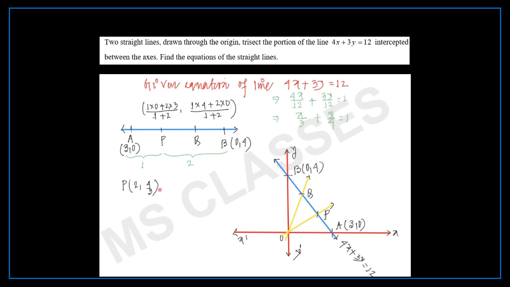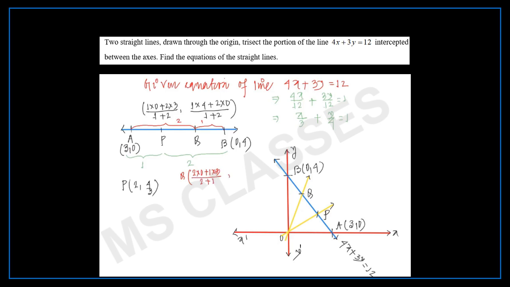Now we'll try to find Q. For Q, what we'll have? When you're trying to find Q, the ratio will be 2 is to 1. So Q will be (2 into 0 plus 1 into 3) by (2 plus 1).